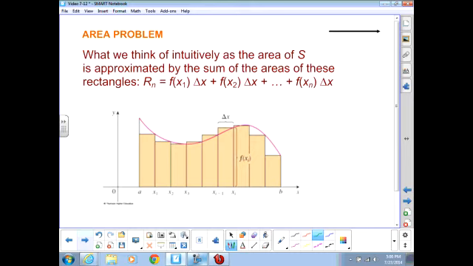And so there's just a representation of the sum. And we've talked about that before in the previous example. We can approximate that actual area by the sum of those rectangles. Here it's showing it with right-hand endpoints.